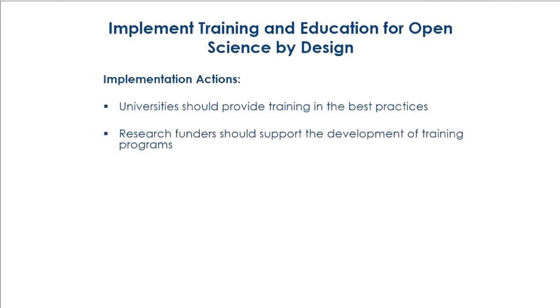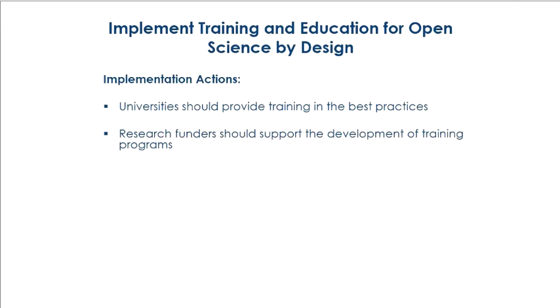So the implementation actions for the recommendation include universities should provide training in best practices. This recommendation as a whole is one where we're only beginning to implement them. And so we have a discussant from an organization that's one of the leaders in implementing this.